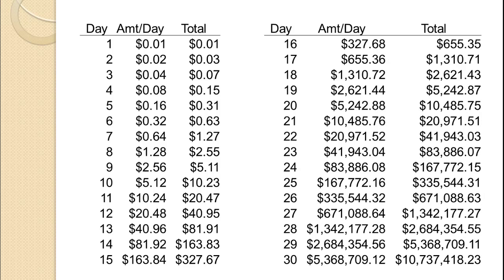But take a look at the next 15 days. By the time we get to day 28, I have paid you well over $1 million, almost triple that. And by the end of the time, you would have earned a full $10.7 million. And it all started out with a penny that doubled.